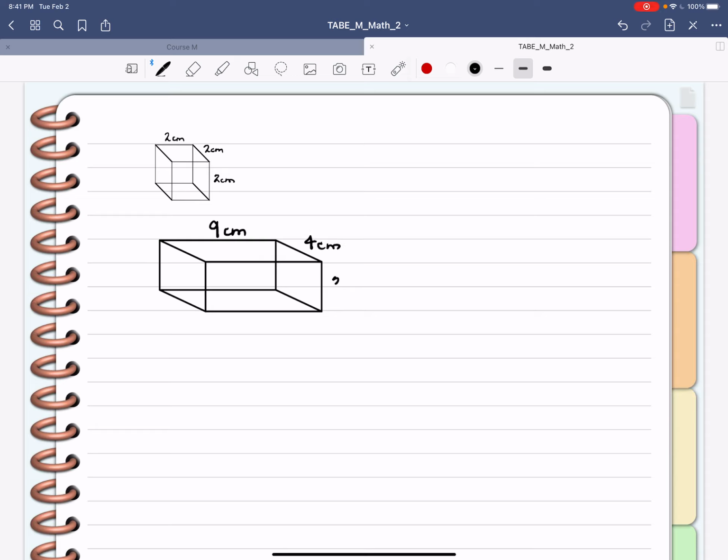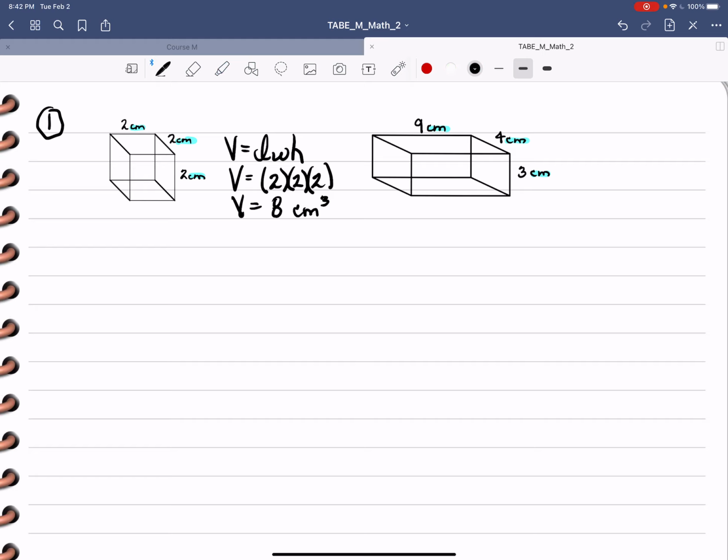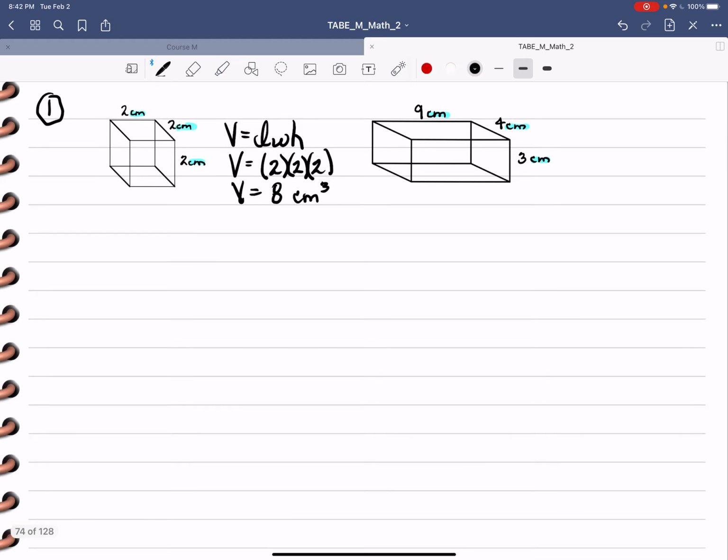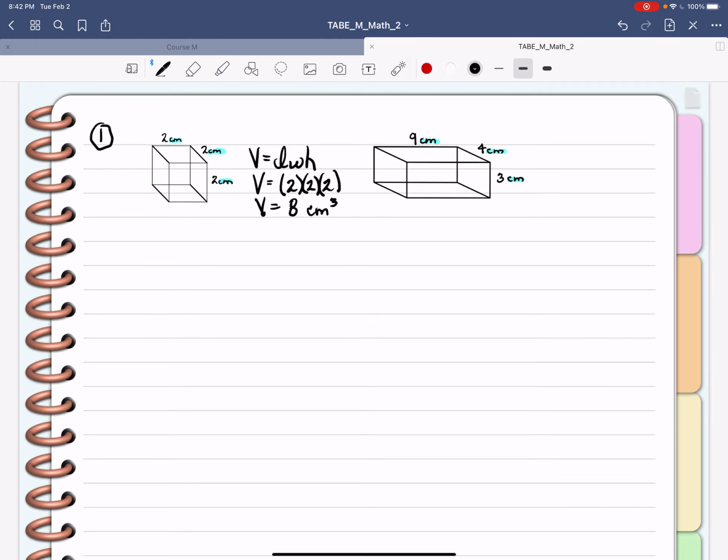And one thing I did mentally, but I forgot to show you, is to make sure that your units are the same. All of them are centimeters. They have to be, or we can't make this work. Okay, the volume of the rectangular prism is length times width times height.